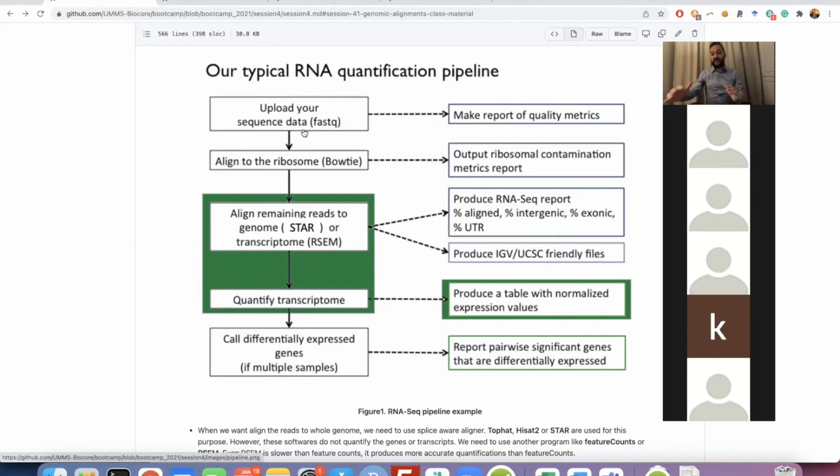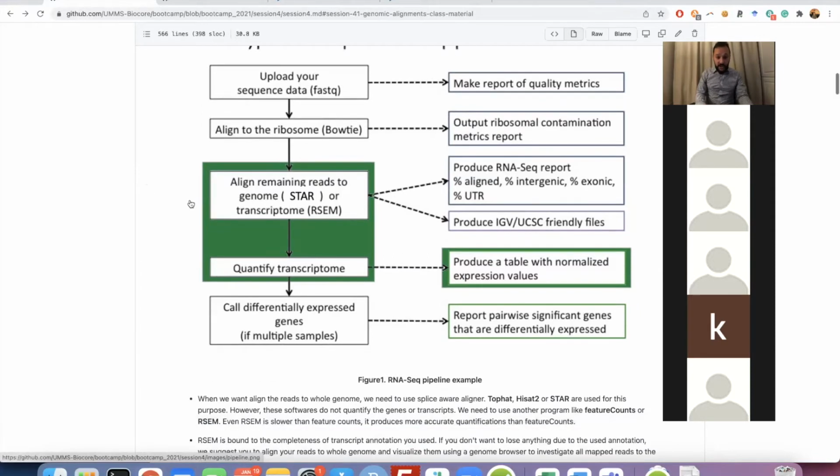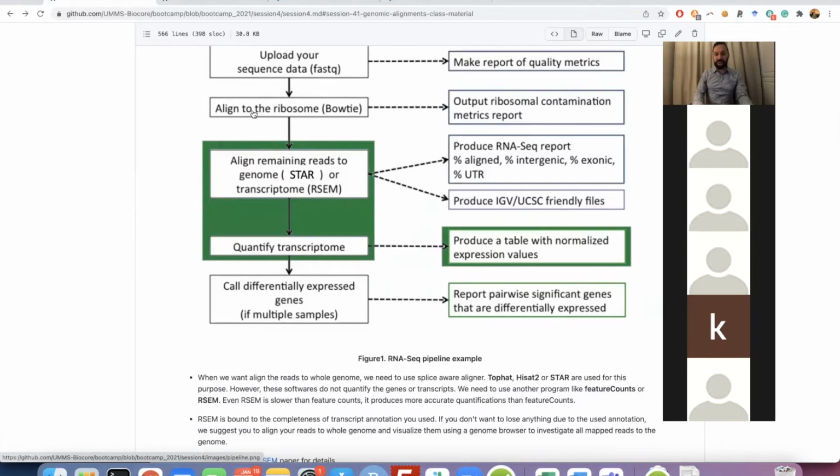They take a lot of space when you unzip them, as you might have realized when doing your homework a couple of weeks ago. But after you upload your files, we run a FastQC program to check the quality metrics first. And then if everything is fine, we start processing data.